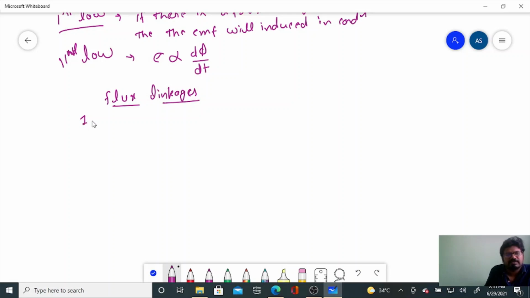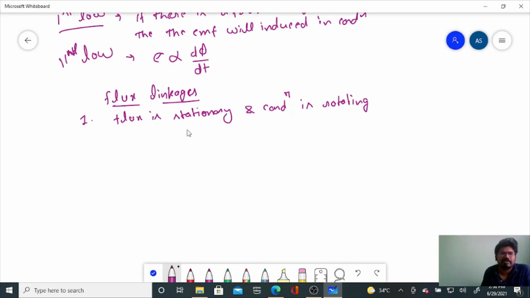First possibility is what? If our flux is stationary, and your conductor is rotating, then there will be a flux linkage, and the EMF induced here, we'll call it dynamically induced EMF.